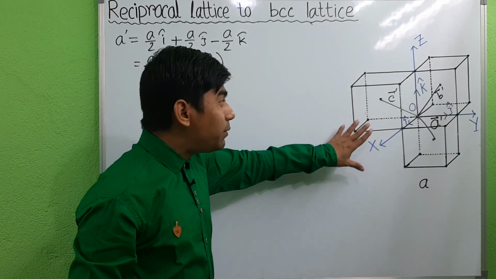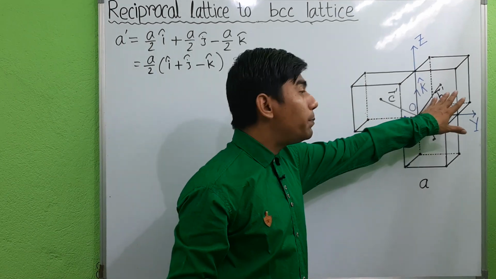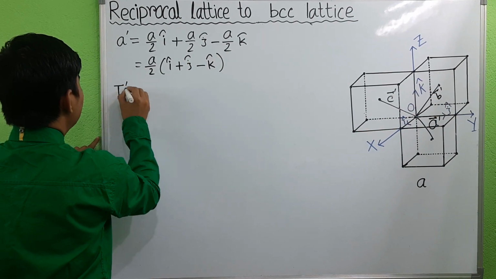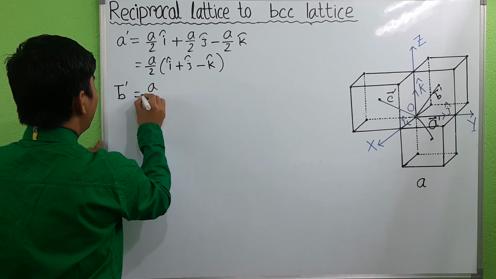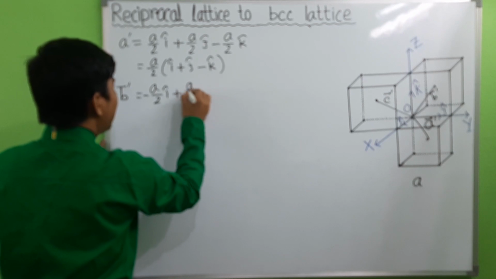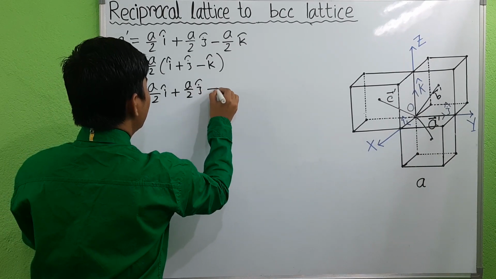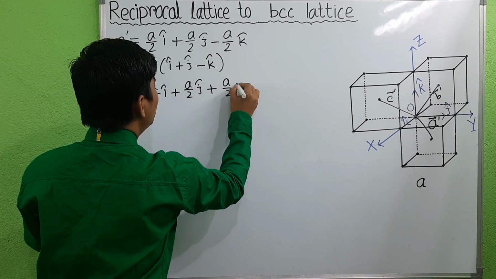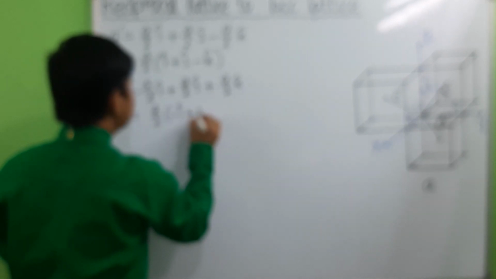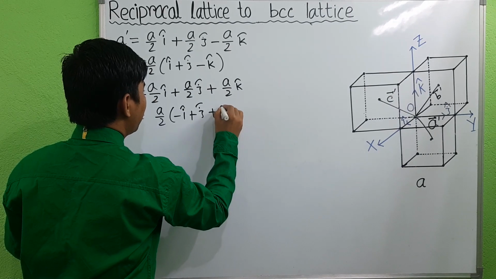So the primitive translation vector b dash will be b dash equals minus a by 2 i cap plus a by 2 j cap plus a by 2 k cap. So this equals a by 2 times (minus i cap plus j cap plus k cap).